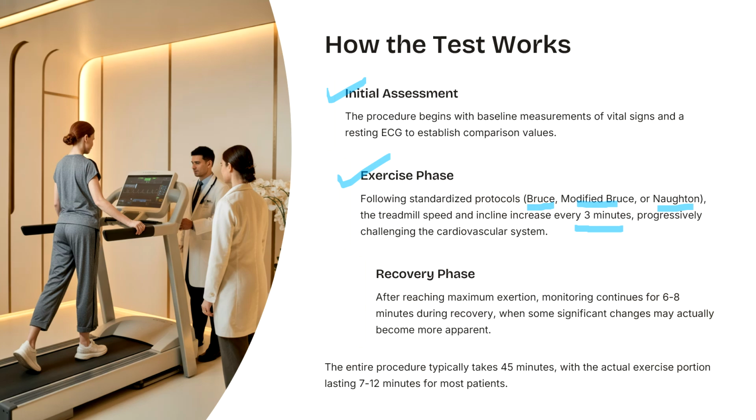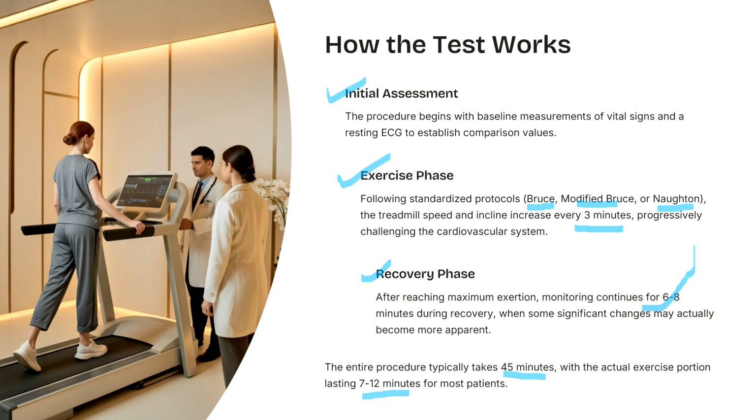Next, the recovery phase. After reaching maximum exhaustion, monitoring continues for 6 to 8 minutes during the recovery, when more significant changes may become more apparent. The entire procedure typically takes 45 minutes, and the actual exercise portion 7 to 12 minutes for most patients.